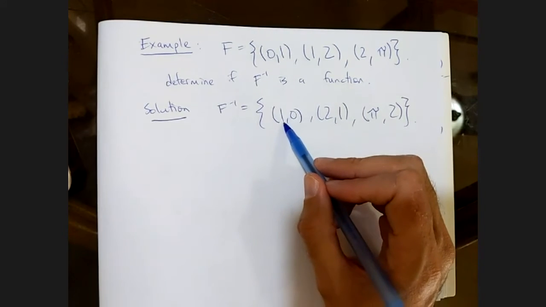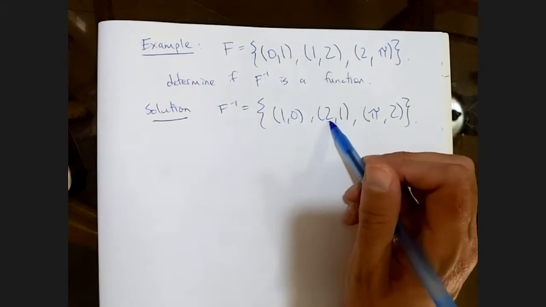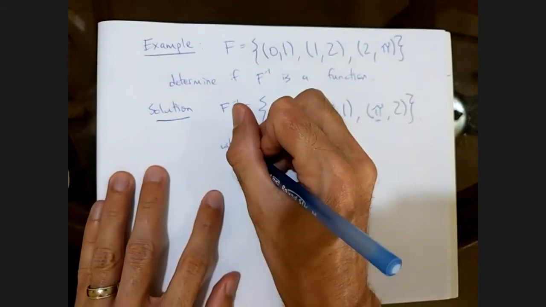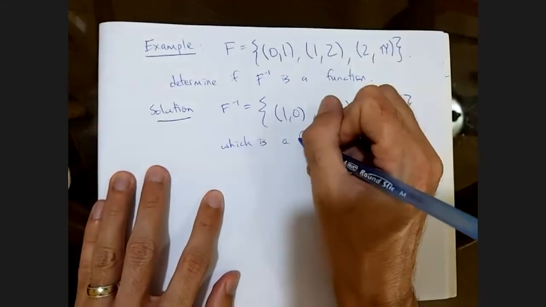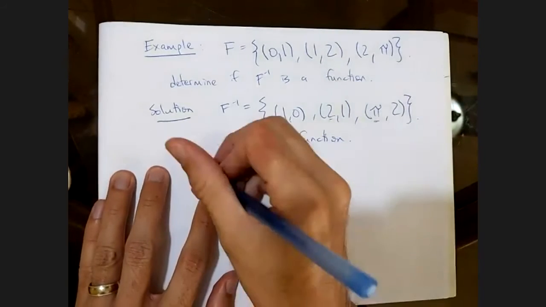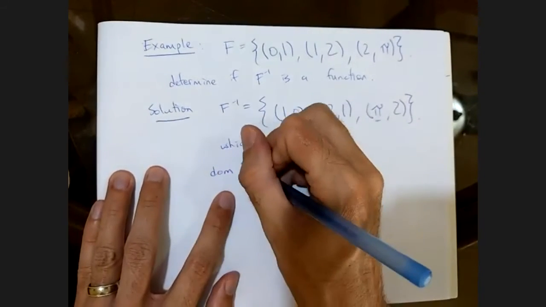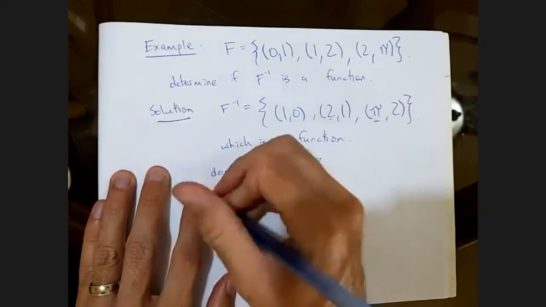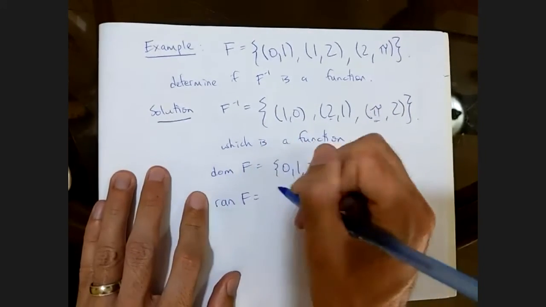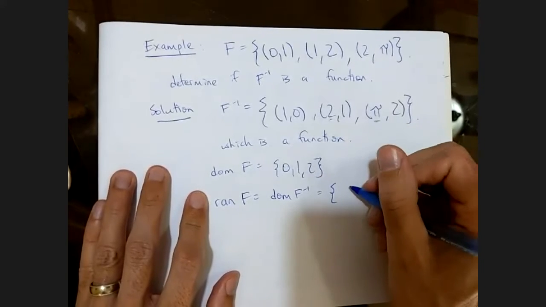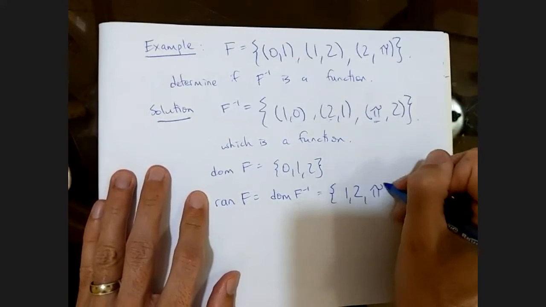Because there's no repeats of the first entry. And we can compare the domain and codomain. The domain of F is 0, 1, 2. The range of F, which is the domain of F inverse, is just 1 to pi.